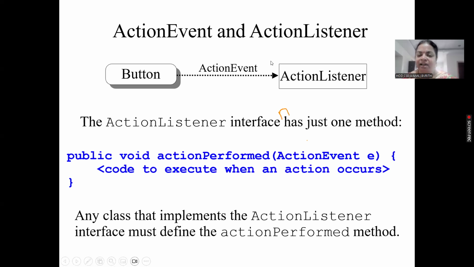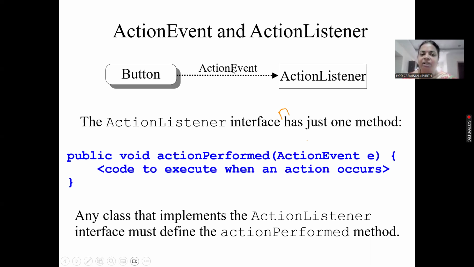In that class, there is an interface called action listener. This action listener will contain the methods, and we, as programmers, need to provide the code for the methods in the action listener. In the action listener, there is the actionPerformed method. For this method, we will write the required code.